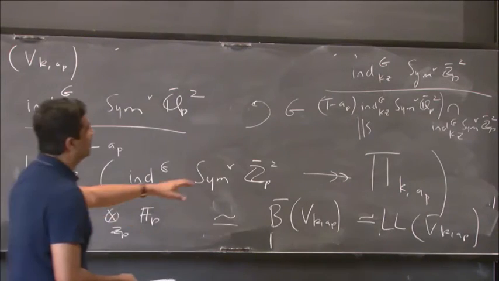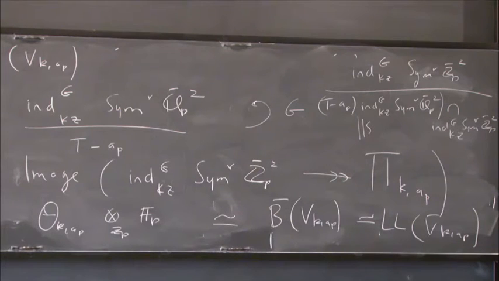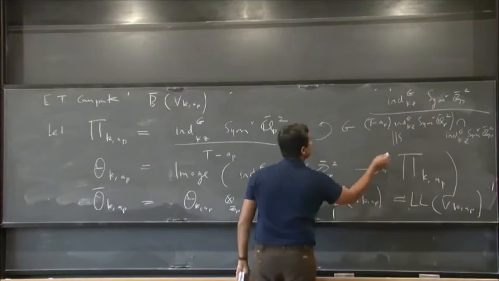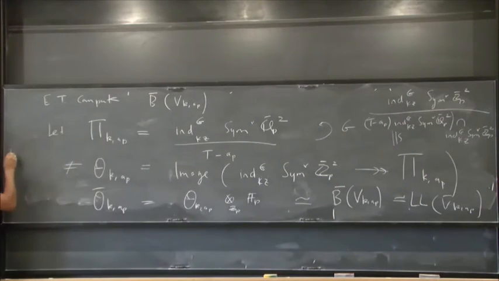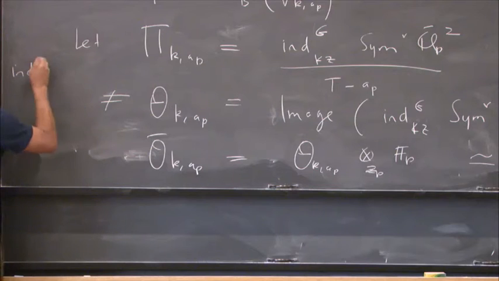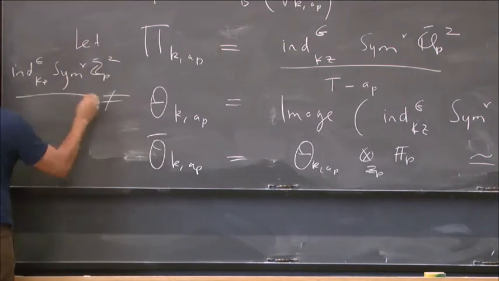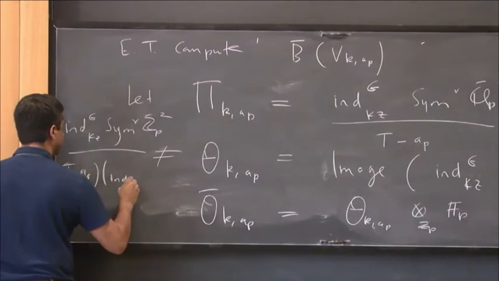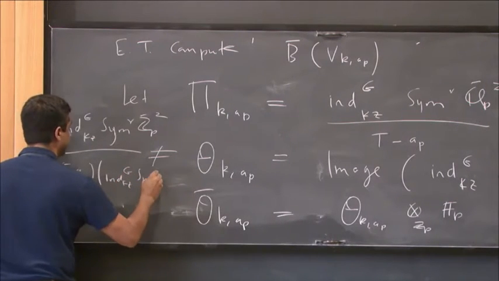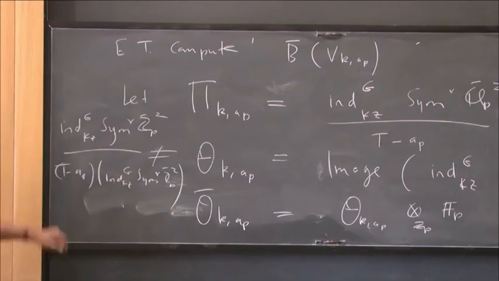This is perhaps the most important line of the talk, this weird denominator here. This thing is not the more naive thing that you might think it might be, Sym r Zp bar squared modulo T minus ap, induction from KZ to G of Sym r Zp bar squared. It's not that.